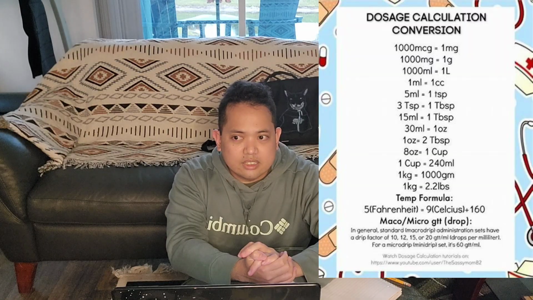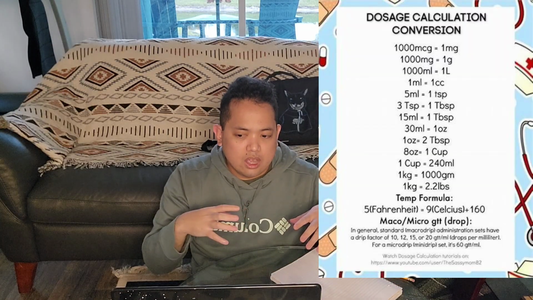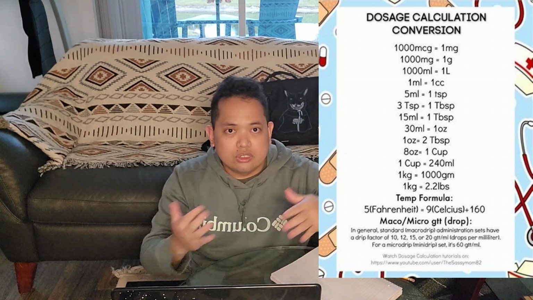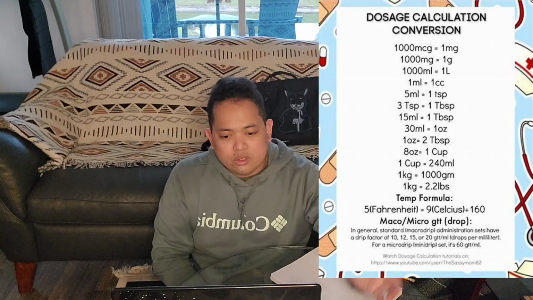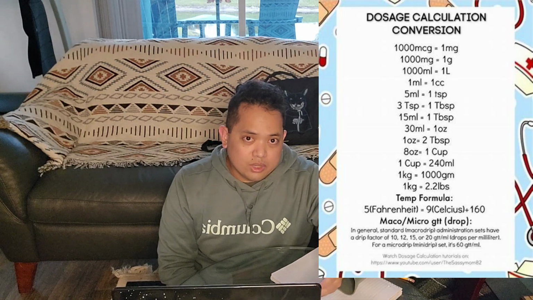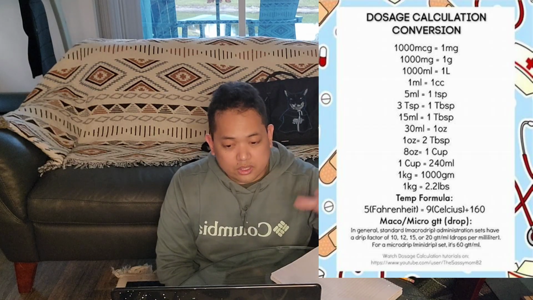So some of the common conversions that we usually use in nursing, especially for dosage calculation, is converting pounds to kilograms. In order for us to convert the pounds, we divide by 2.2. That's a conversion factor.